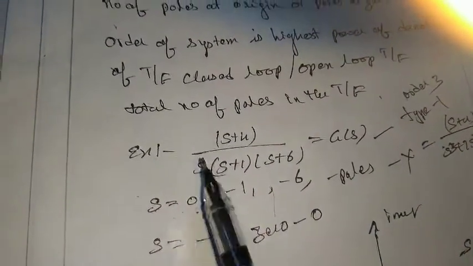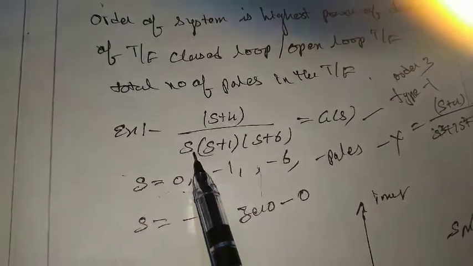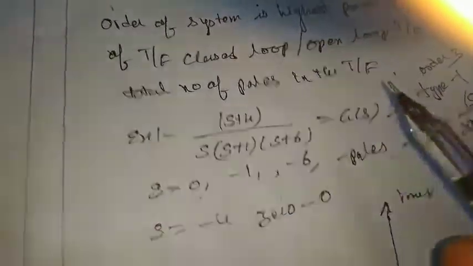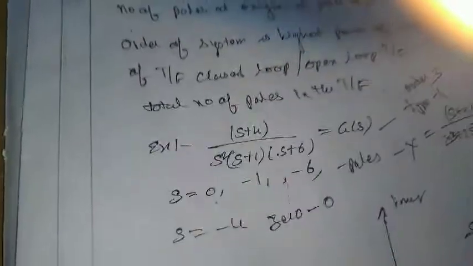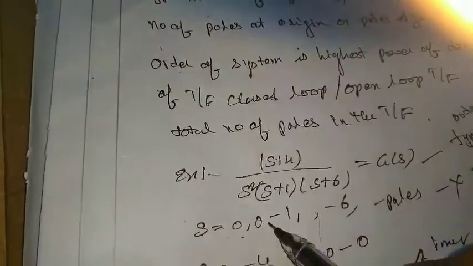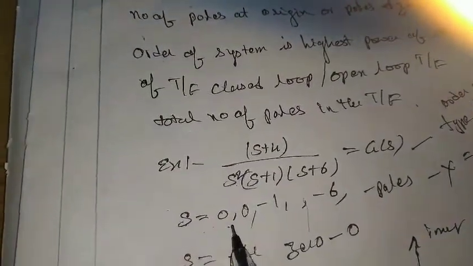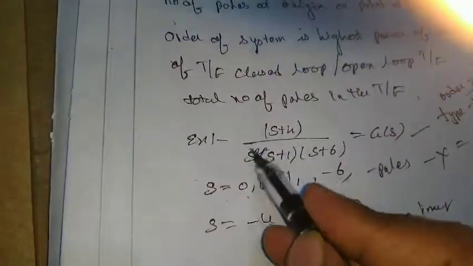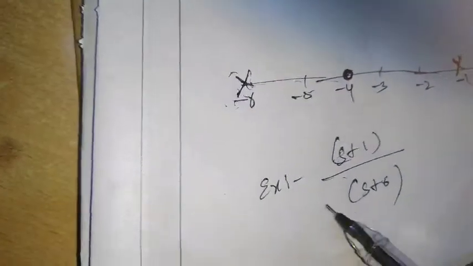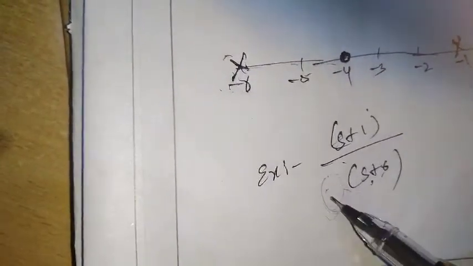The number of poles at the origin will give you the type number, right? If I have s square here, then it comes to 2 poles at origin, so this is a type 2 system. If I don't have any pole at origin, for example s plus 1 divided by s plus 6, then I have one zero and one pole at minus 6, and I don't have any pole at the origin.